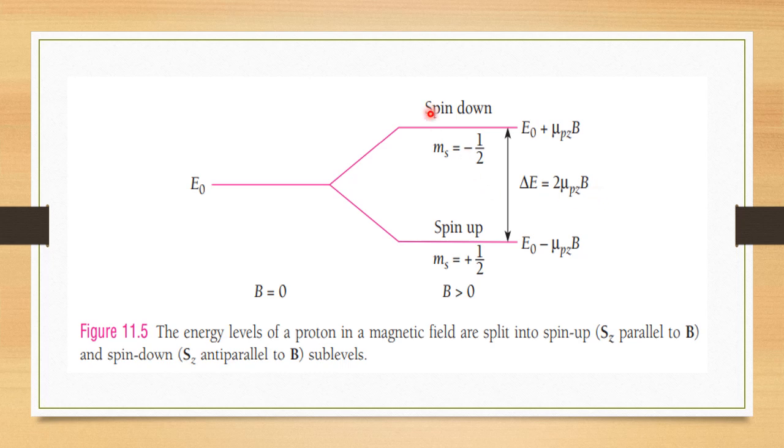If a nucleus in the spin down state emits this amount of energy, it will flip into the lower state. If a nucleus in the spin up state gets this amount of energy, it will be excited to the higher energy state.